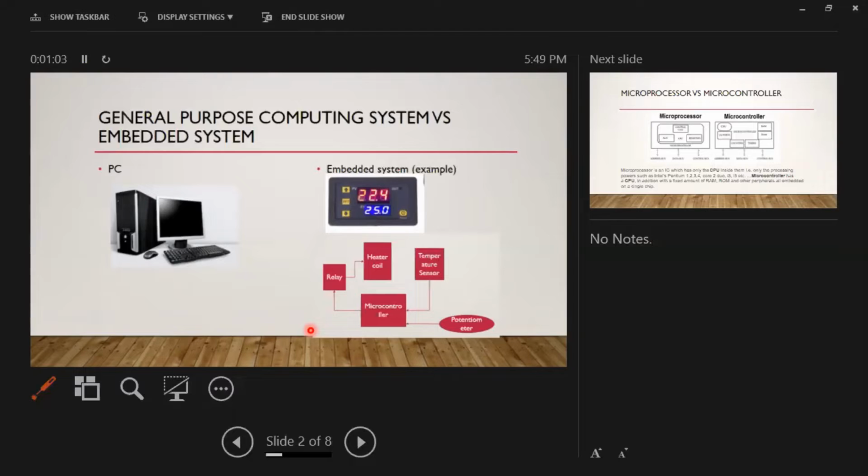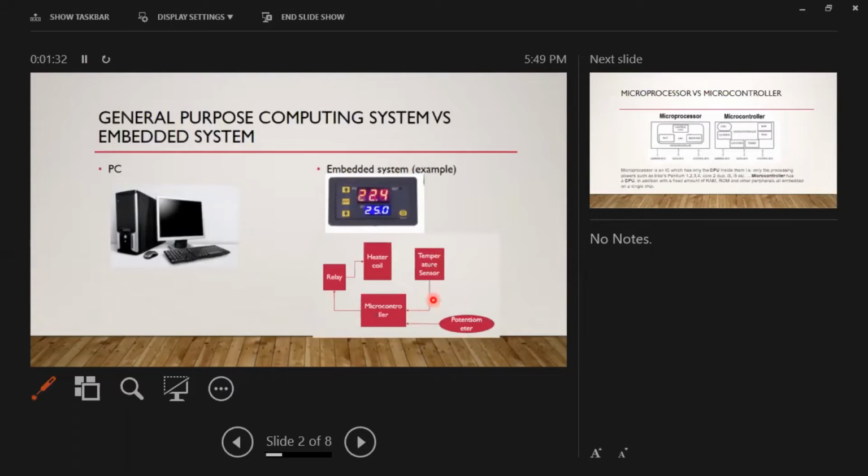Embedded systems, on the other hand, are dedicated systems to perform a certain operation with less or no user intervention at all. The example given here is a heater control system. You see a microcontroller, a heater coil, a relay, a temperature sensor, and a potentiometer. The potentiometer is a rotary knob used to set the temperature. The microcontroller reads the analog value from the temperature sensor.